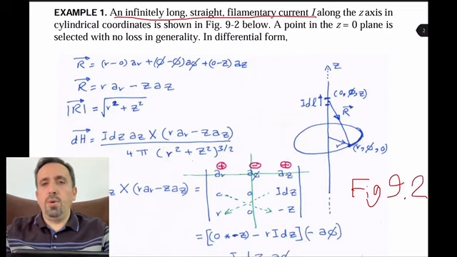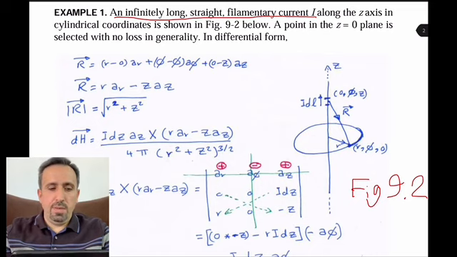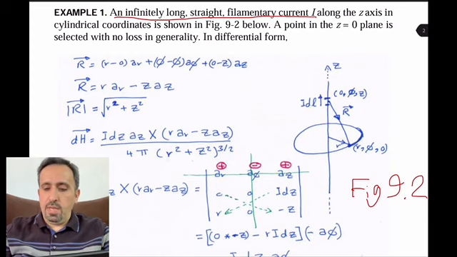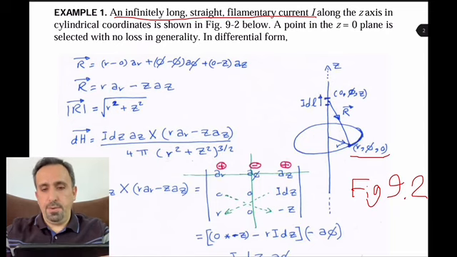By having a point at the z equals 0 plane, we will not lose the generality of this point, so it will be an arbitrary point. This arbitrary point could be defined as shown here, that it is r phi 0.